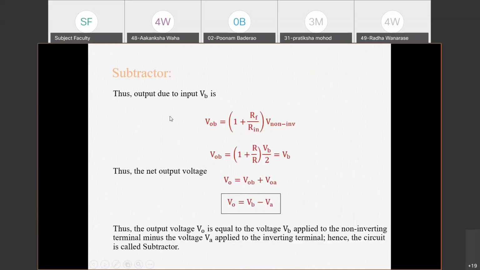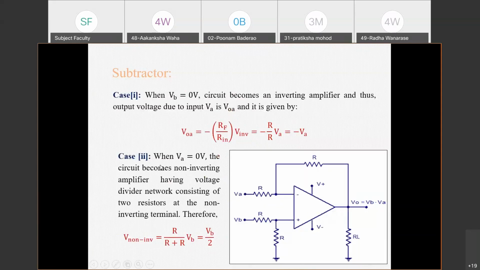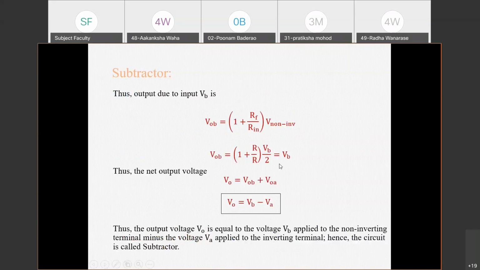Now again, we are studying case number 2. In case number 2, our circuit is nothing but a non-inverting configuration, so it will be acting as a non-inverting amplifier. What is the gain of a non-inverting amplifier?